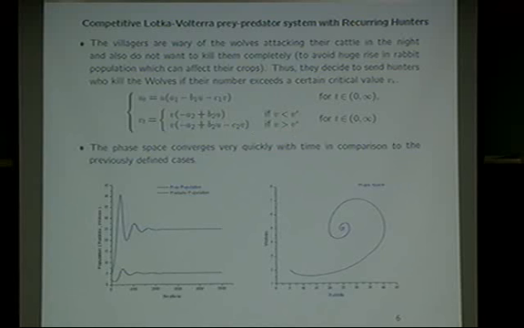So that decreases the predator population. In this case, the solution shows similar converging behavior to a constant steady state, but the speed in time is faster than the previous case.